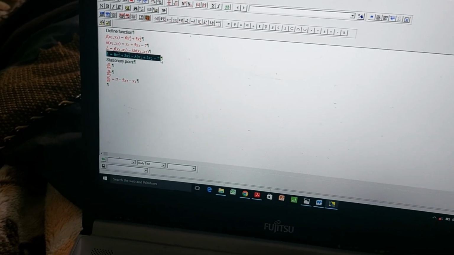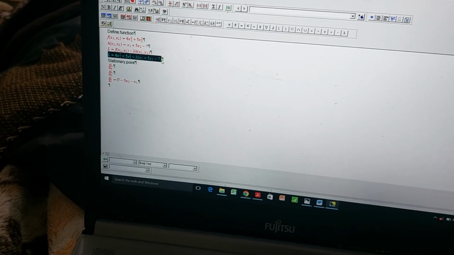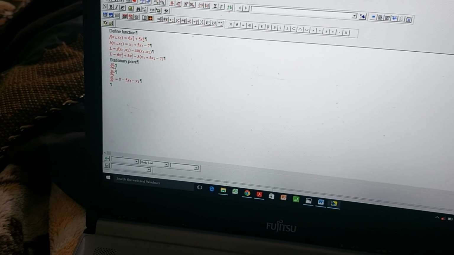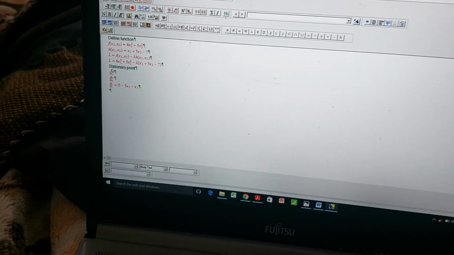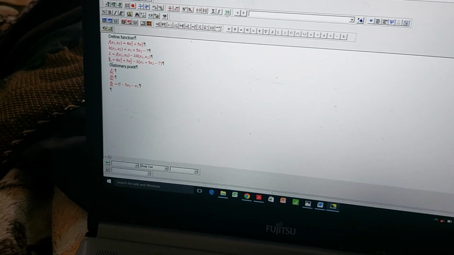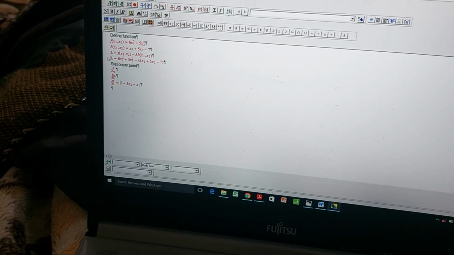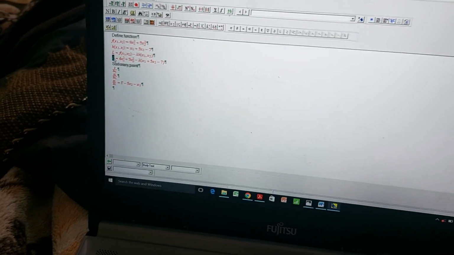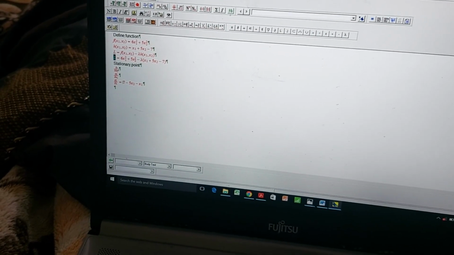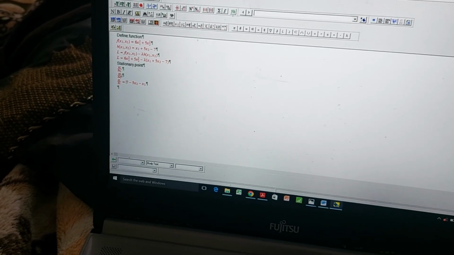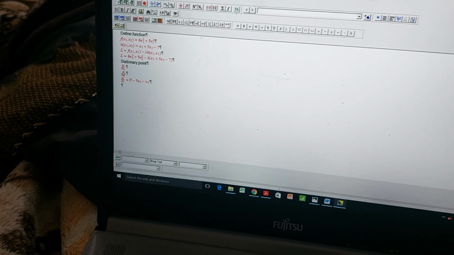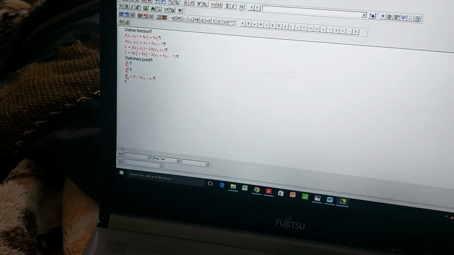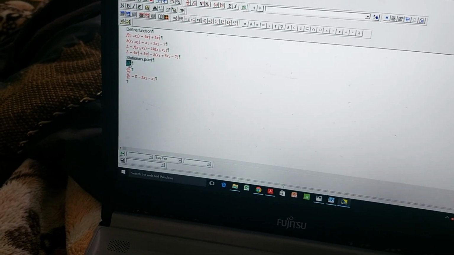So we need to take the derivative of this L with respect to x1, so I will delete this L and copy this, Control C, and put it over here. Similarly, I will delete this L and copy that L over here.